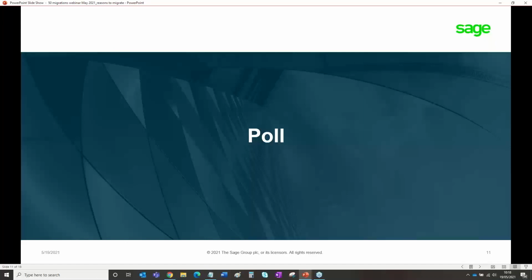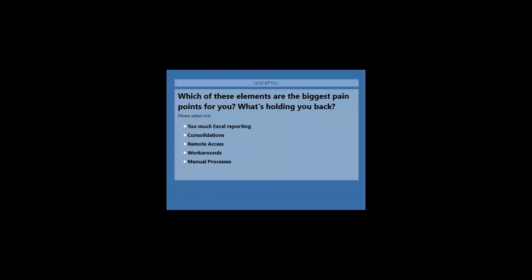Is it the same things as we talked about before? Is it too much Excel reporting? Is it consolidations? Is it the remote access? Or is it these workarounds and these manual processes? Because we know what your current pain points are now, but if you could address them, what do you think might be the biggest ones that would really hold you back?